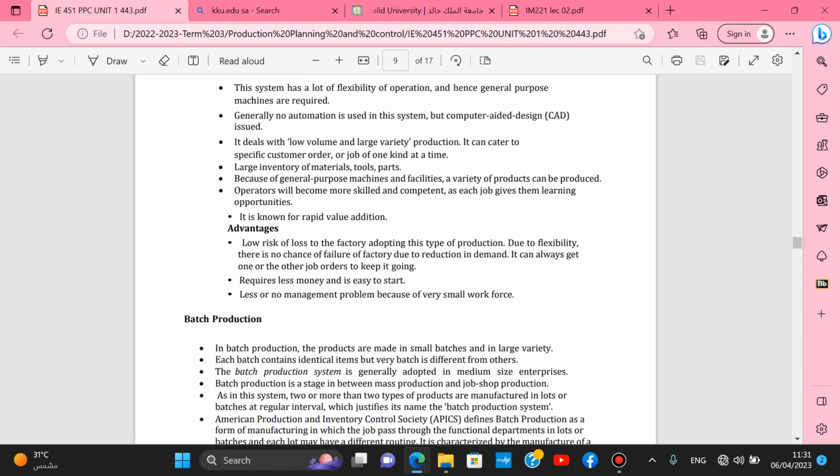Advantages of the system of production is lower risk of loss to the factory adopting this type of production.